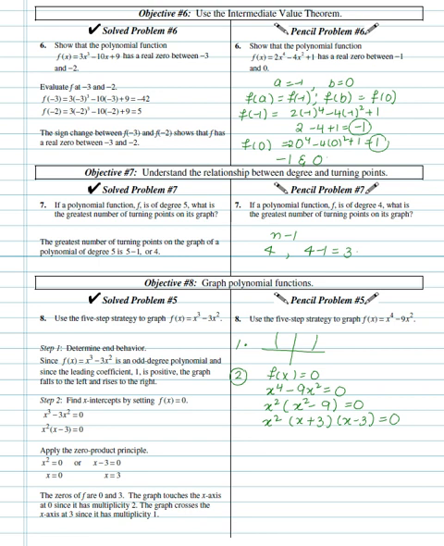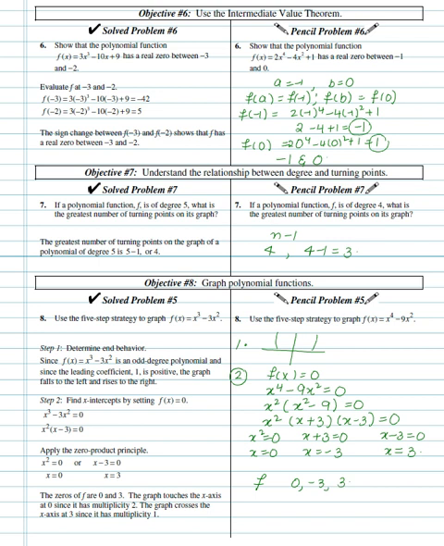Applying the zero product principle, I have x squared equal to 0, that means x is equal to 0. X plus 3 equal to 0, that means x is equal to negative 3. X minus 3 equal to 0, that means x is equal to 3. So the zeros of this polynomial f are 0, negative 3, and 3.